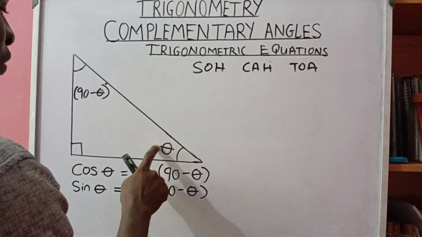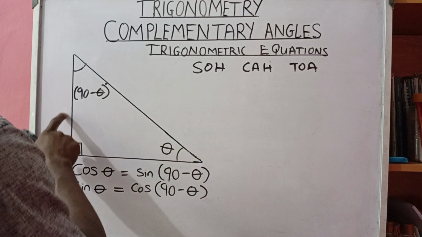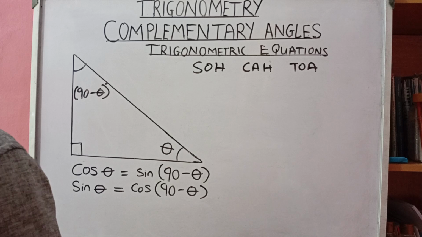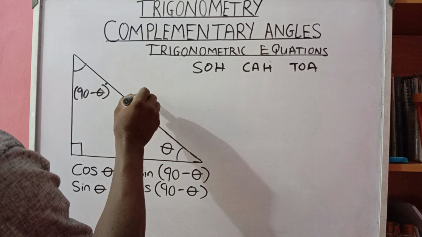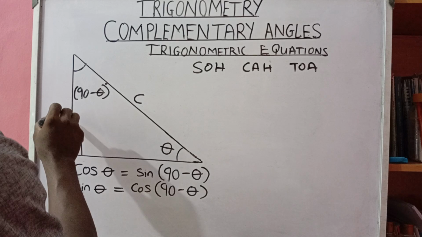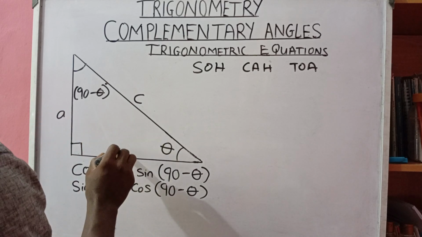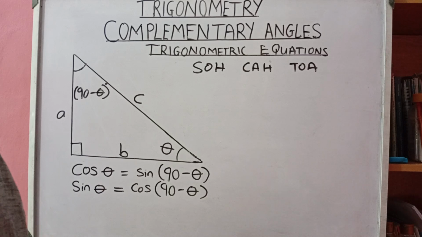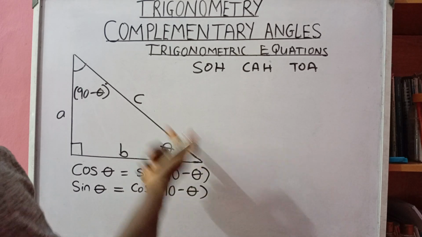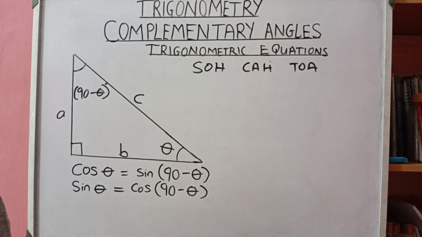And what is the opposite of this theta here? The opposite of this theta is here. So I will label it with some important letters. Let's say we have C here, we have A here, and we have B here, to identify the sides of this triangle.